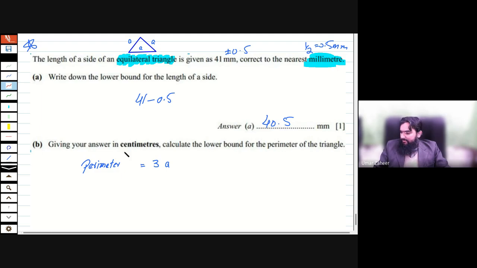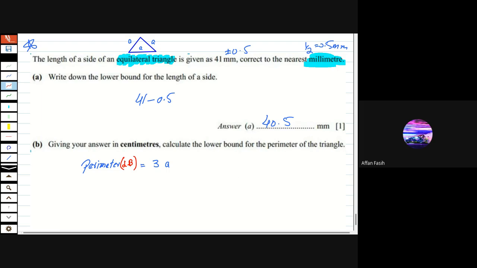So we are finding the lower bound of the perimeter. Is it a case of addition, subtraction, multiplication or division?